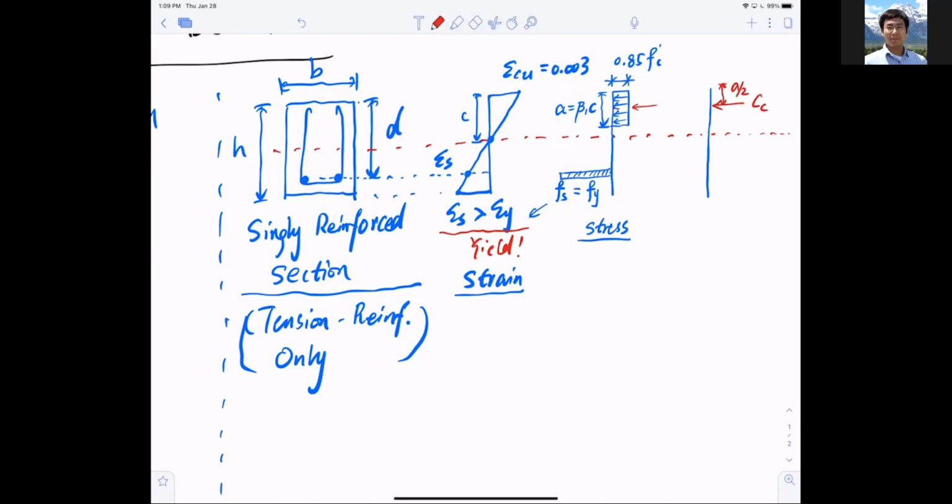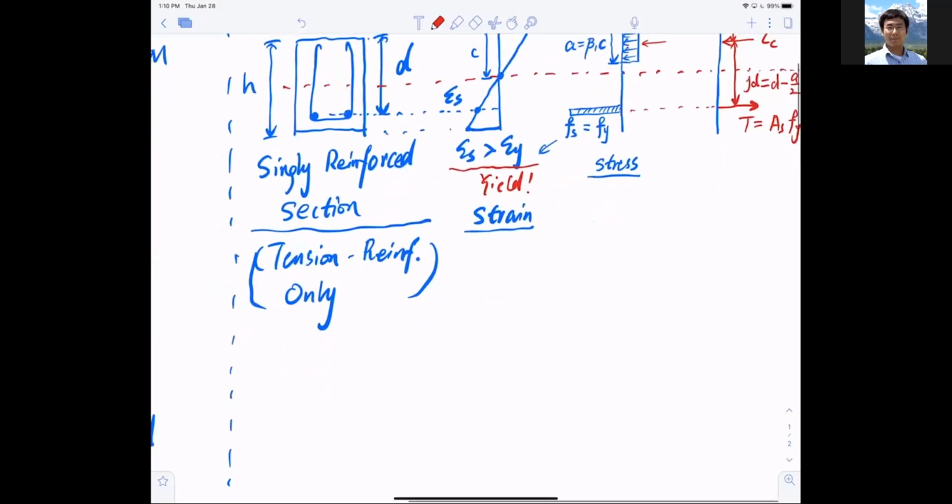Now on the corresponding tension side, I only have tension from steel, and this is T, which is As, area of steel, times Fy, yield strength of steel. The distance between the compression and the tension is jd, by the way, the lever arm, and that equals d, the depth, minus half a.